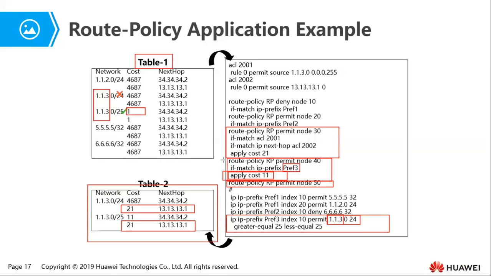And also, this route policy here has changed the cost for this /25 to 11. So generally, that is how your router will filter routes using the route policy.